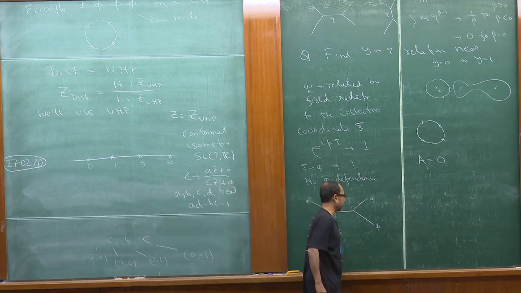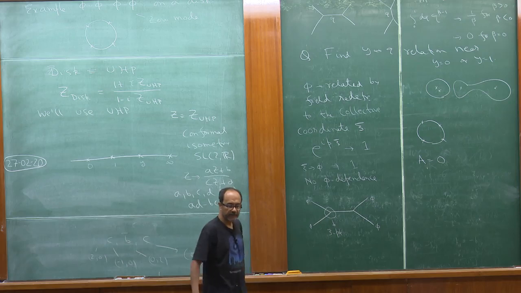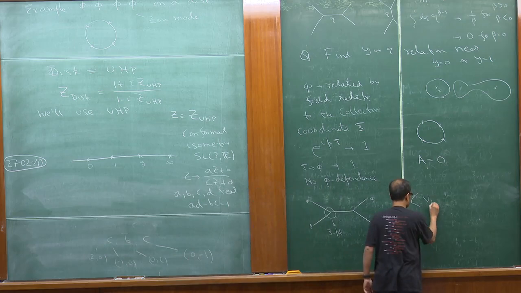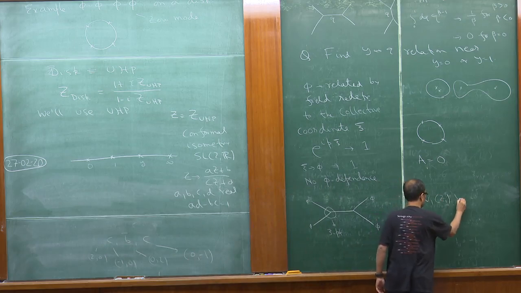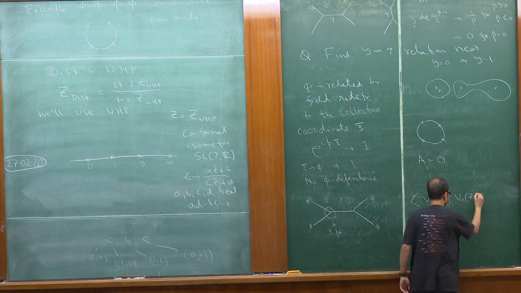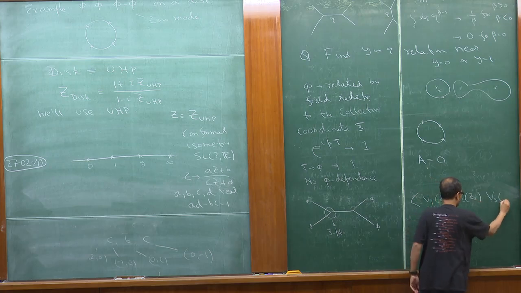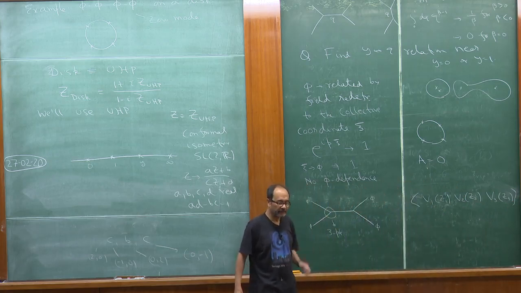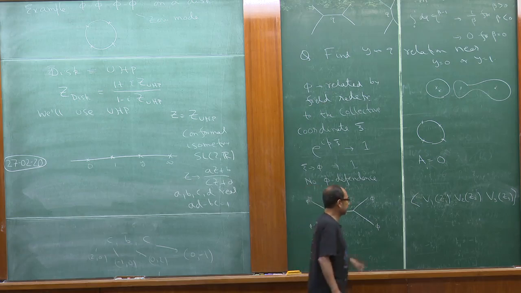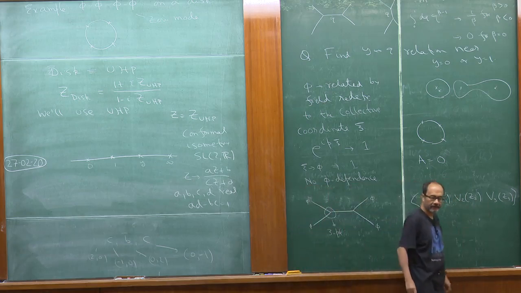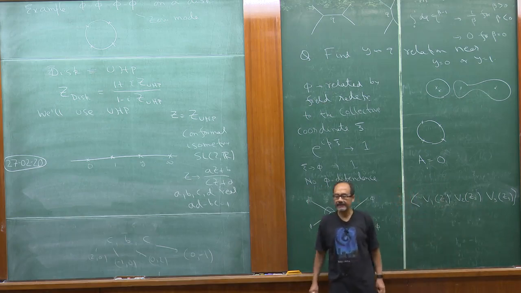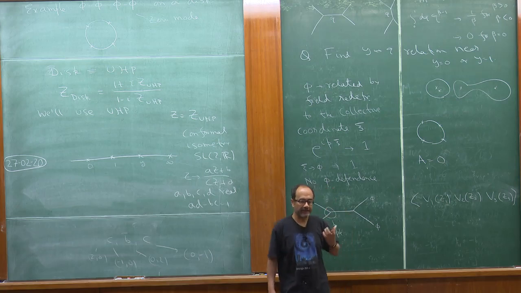So the naive expectation will be that if we have 3 external states described by vertex operators V1, V2 and V3, the 3-point function will be something like this. The problem of course is that this 3-point function depends on the z's. And the reason that it depends on the z's is because the V's are not on shell in general.